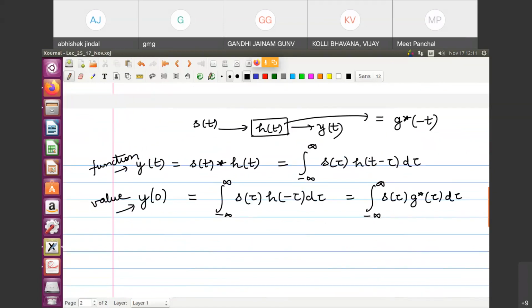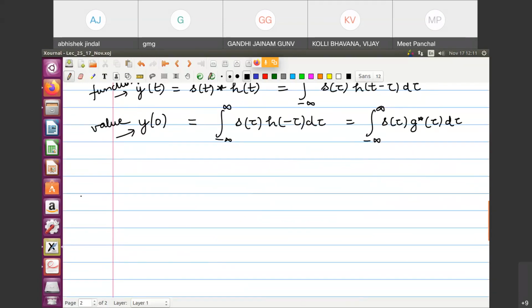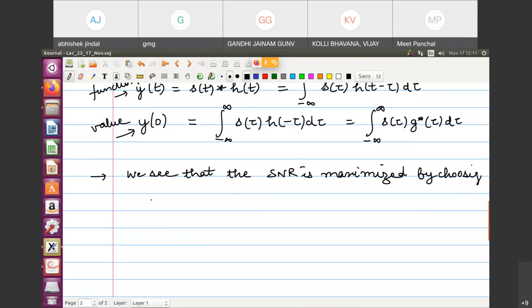So if we want to implement correlation with the help of filtering, we can say that the SNR is maximized by choosing the filter impulse response as s star of minus t.